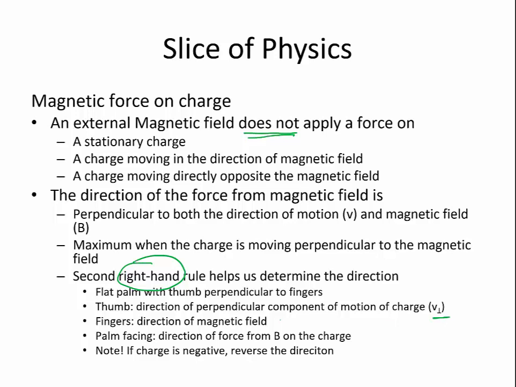The fingers point in the direction of the external magnetic field B, and then the palm will be facing in the direction of the force from B on the charge Q. And then one very important thing is that the second right-hand rule, as described so far, only works for a positive charge. And so if it's a negative charge, then you reverse whatever answer you got from using the second right-hand rule.